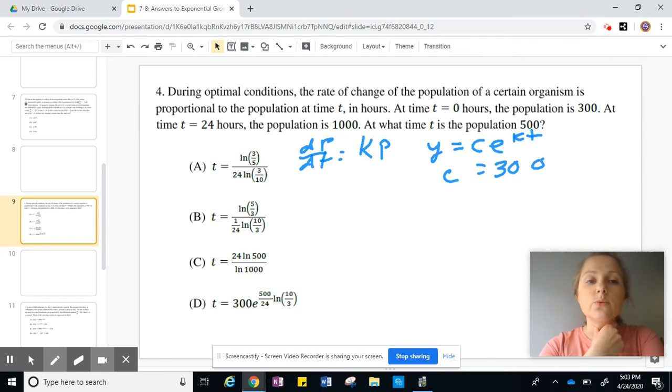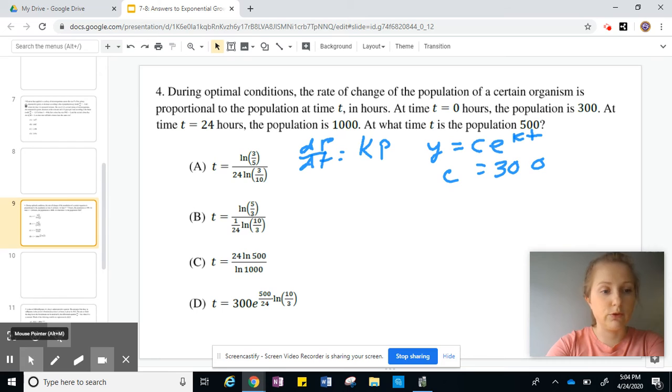At time t equals 24, population is 1,000. At what time t is the population 500? Okay, so first, let's find k. So y equals, let's go to the next page for room.